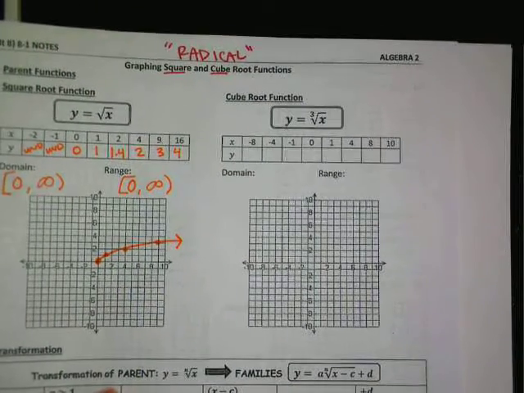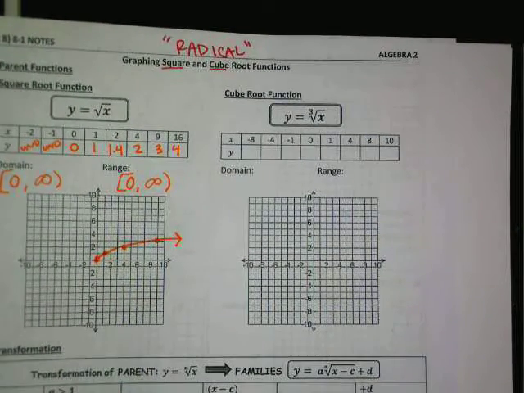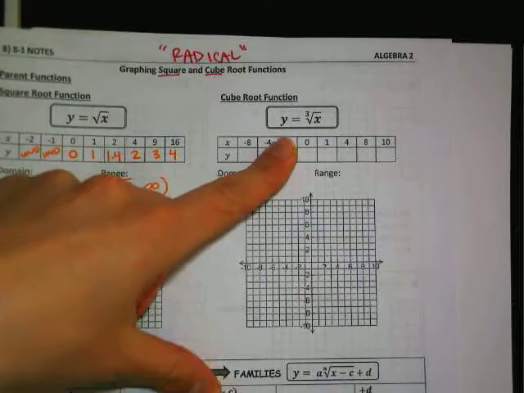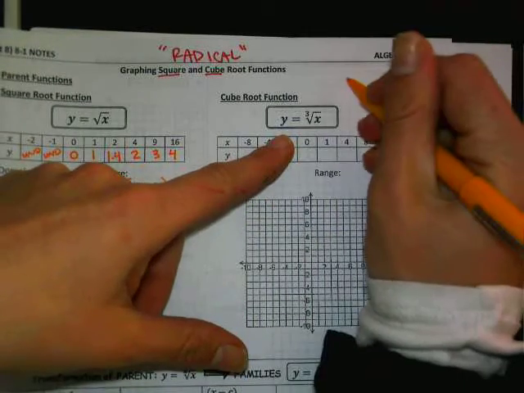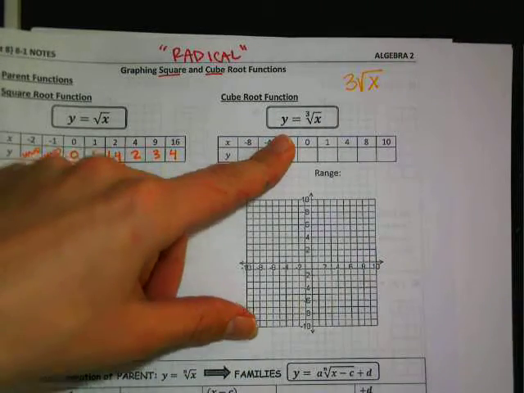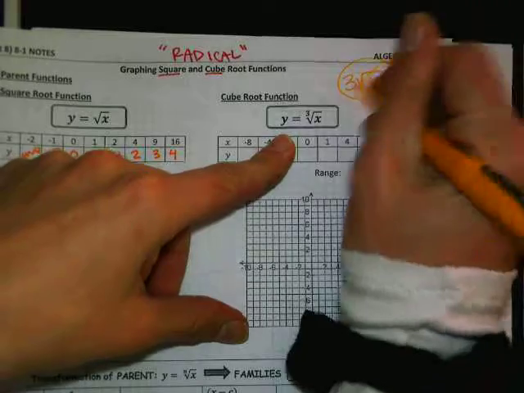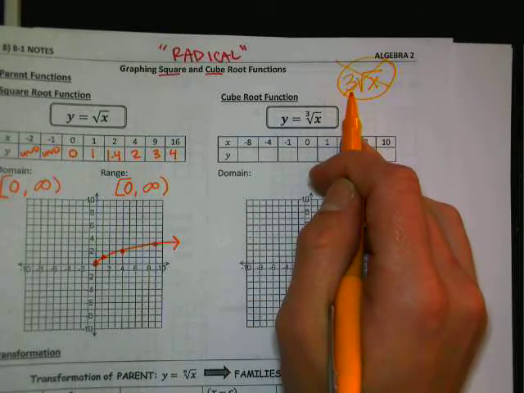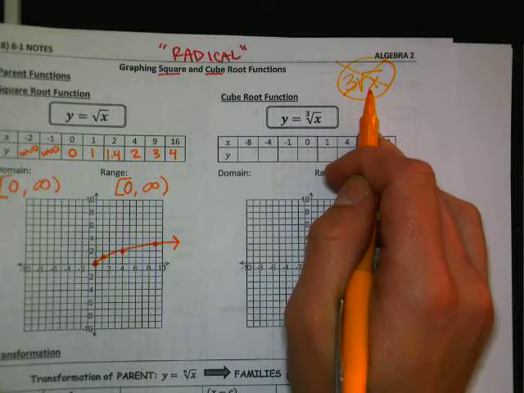All right, cube root functions. We haven't really talked much about cube roots. The first thing, especially those of you that write big and loopy, you need to be really careful. If you write your cube root like this, that is wrong. Because this is a coefficient. It's a big guy out in front. This is saying 3 times the square root.